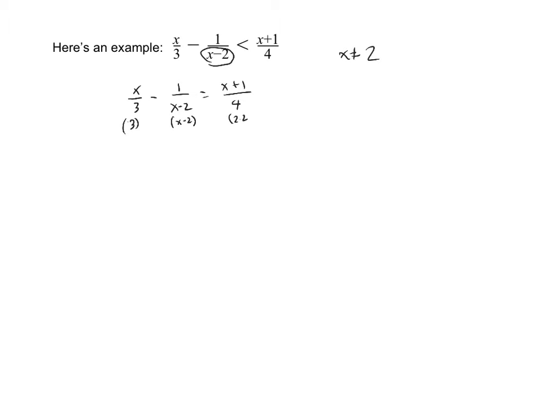4 is 2 times 2. Now, if you notice on this one, they don't share any factors at all. So the least common denominator is literally going to be all these denominators multiplied together. So I'm going to multiply all the stuff by the LCD.